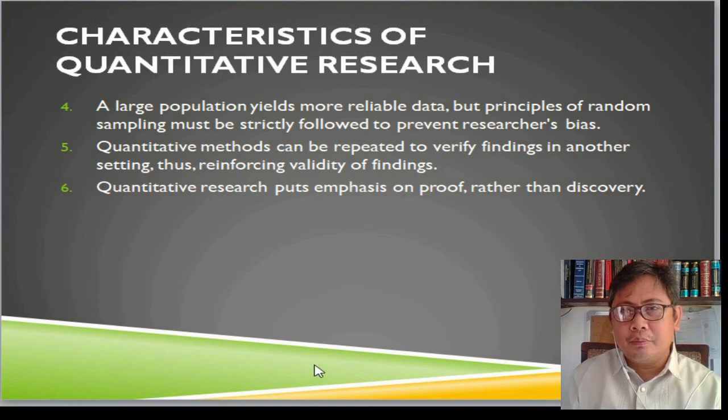And number 5, quantitative methods can be repeated to verify findings in another setting, thus reinforcing validity of findings. So quantitative methods can be repeated as well. And number 6, quantitative research put emphasis on proof rather than discovery. That's why in quantitative research, we usually use hypothesis in order for you to prove that the hypothesis is wrong or that hypothesis is rejected or accepted.